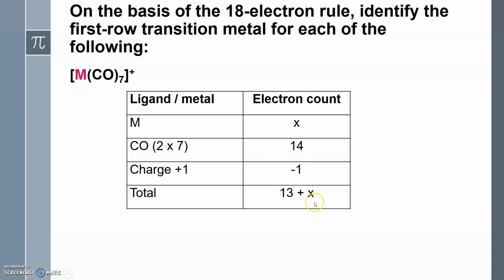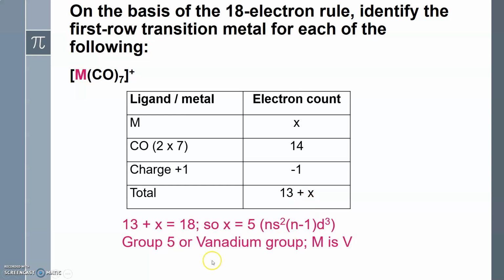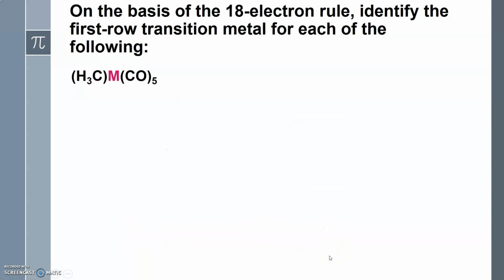So the total electron count is 13 plus x. So 13 plus x is equal to 18, which means x is equal to 5 in its zero oxidation state. That means it belongs to group 5, ns2 (n-1)d3, the vanadium group. And here it is already given that it is the first row transition metal. So the metal here is vanadium.